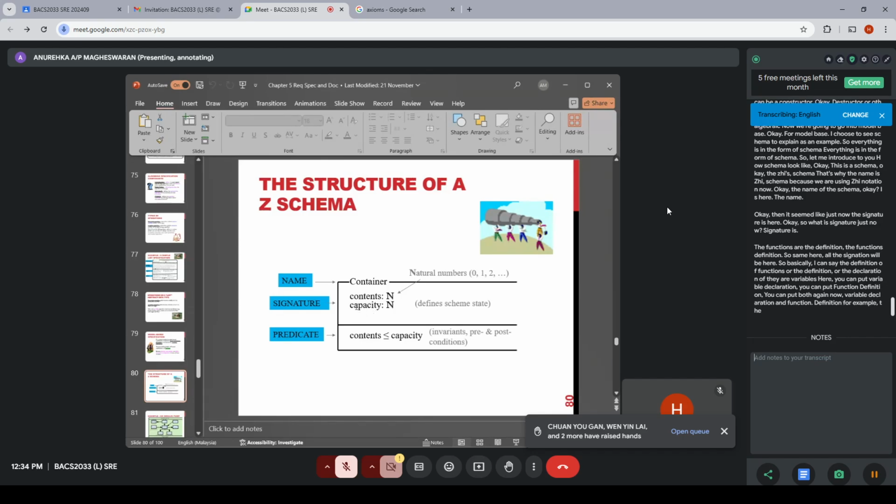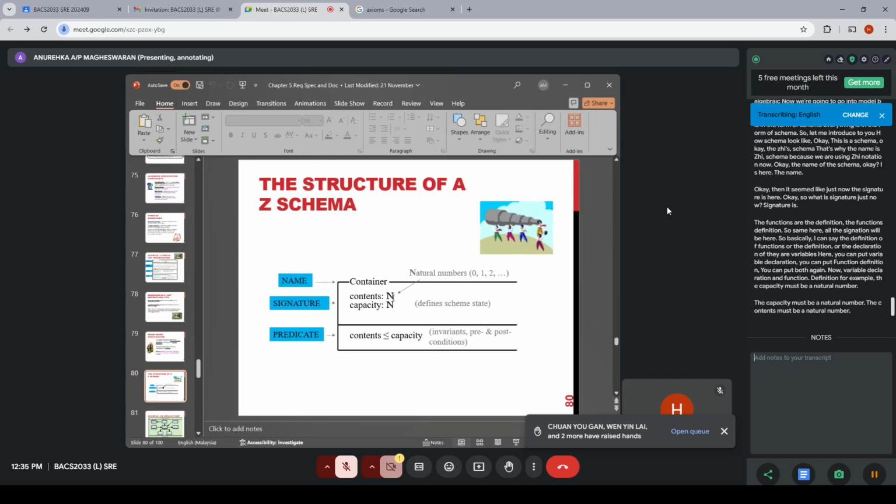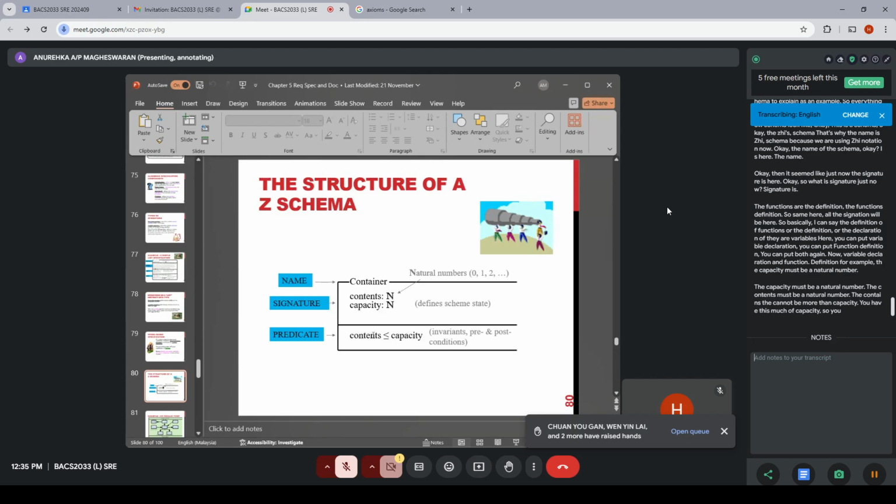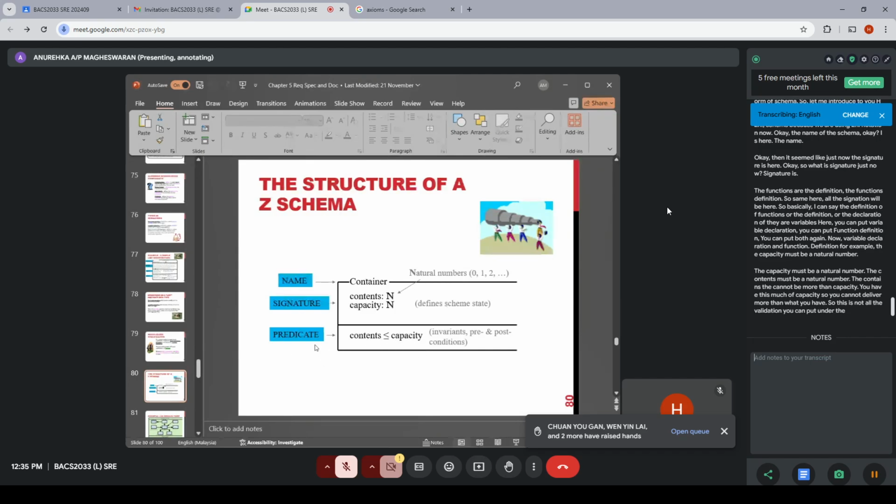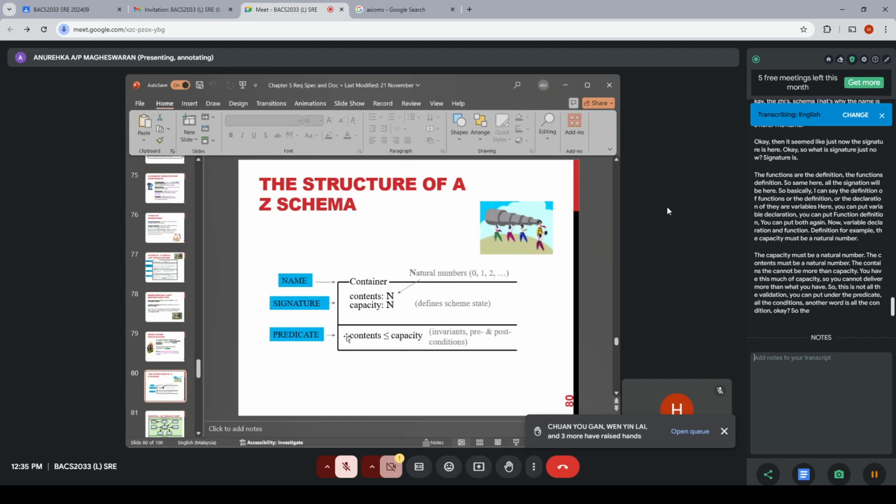For example, the capacity must be a natural number. The contents must be a natural number. The contents cannot be more than capacity. You have this much capacity, so you cannot deliver more than what you have. This is all the validation you can put under the predicate, all the conditions. So the contents must be less than or equal to capacity.